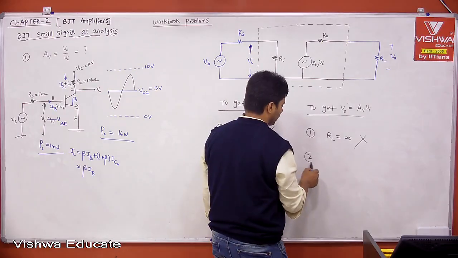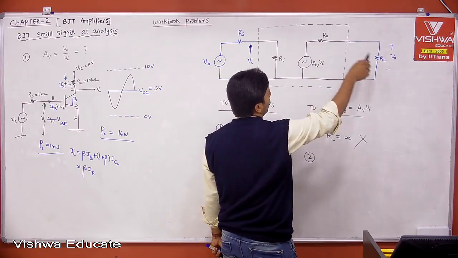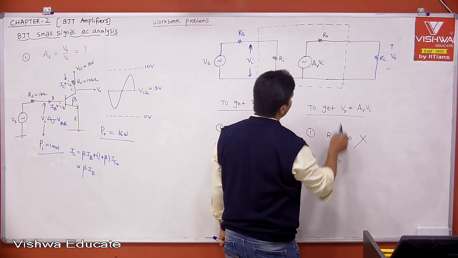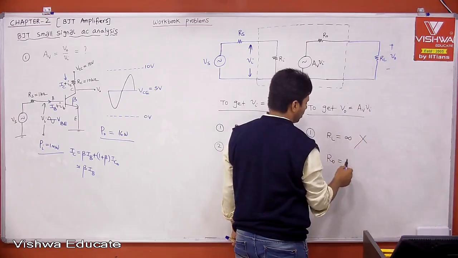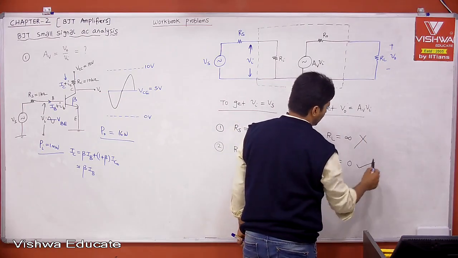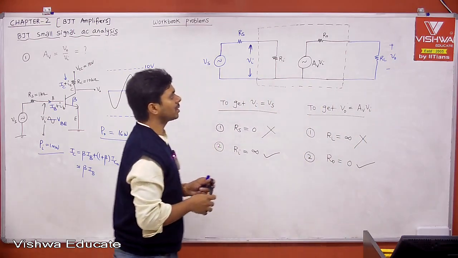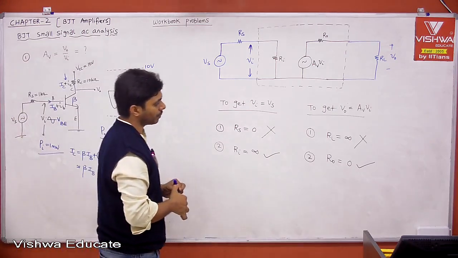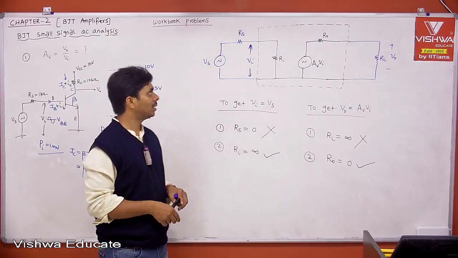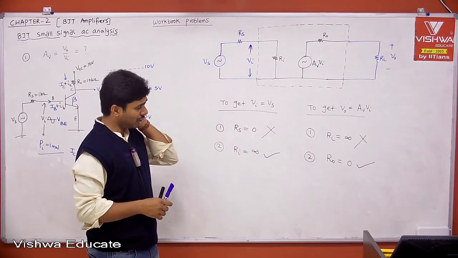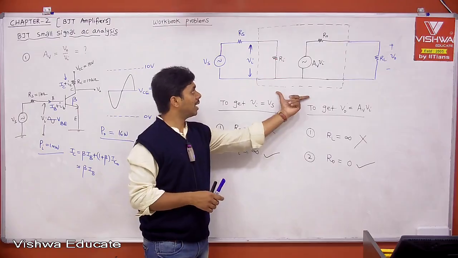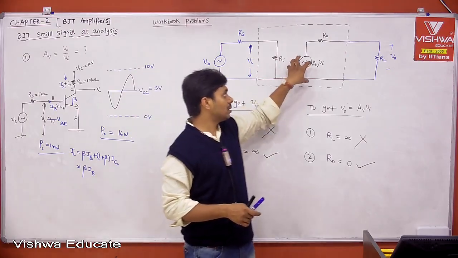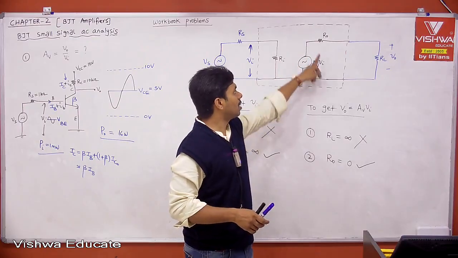Therefore, tell me what should be R0 such that your V0 will be equal to AV into Vi? That is nothing but 0, ideally. Practically, this value should be very much less than your RL value. Therefore, it should be 0. As a designer, from the voltage amplifier perspective, I want the output impedance to be 0. Therefore, if you want maximum available gain, your input impedance should be infinity, and to improve your voltage gain further, your output impedance should be 0.